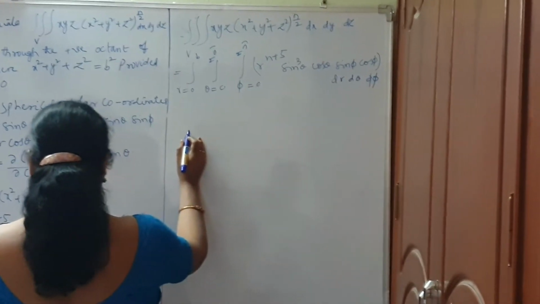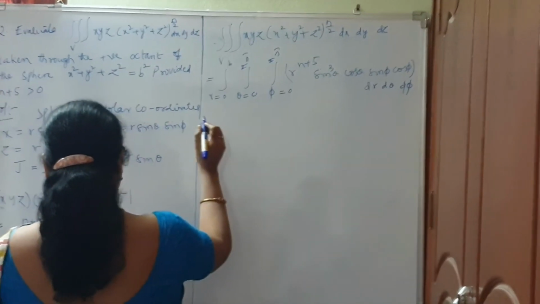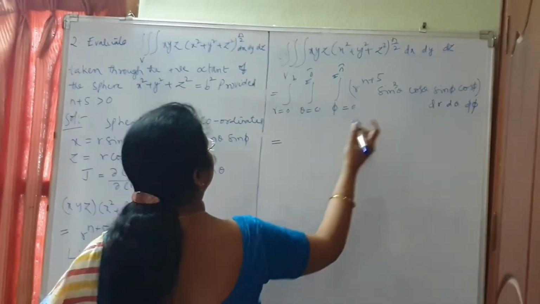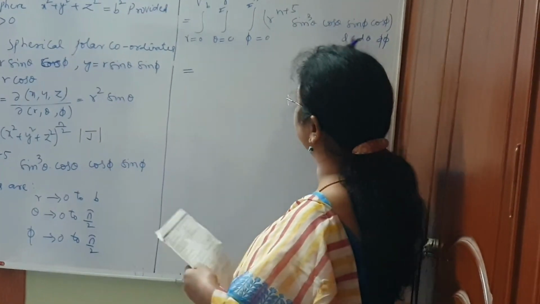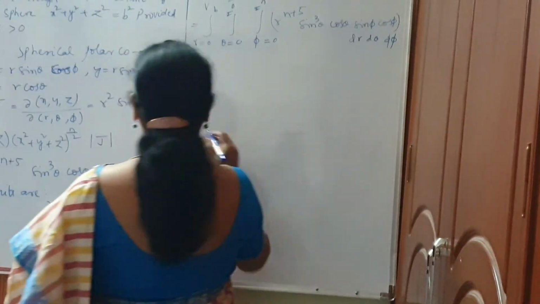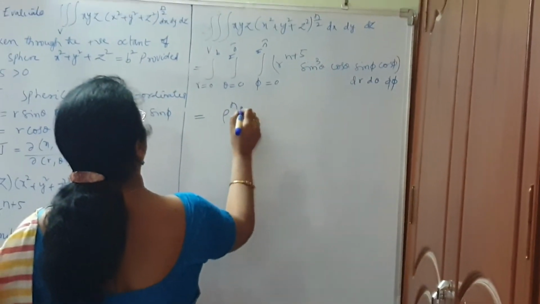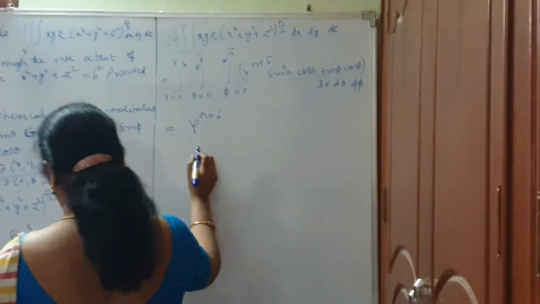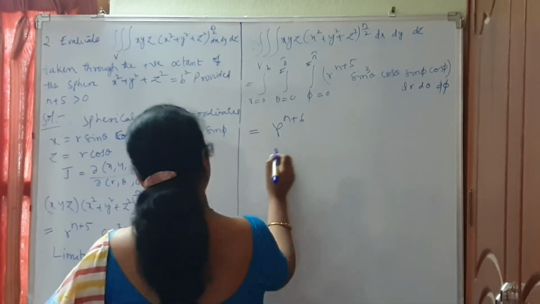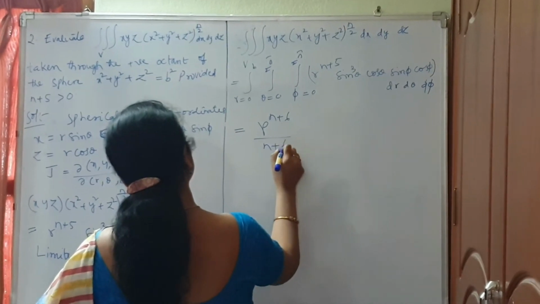If we integrate, first we integrate with respect to phi and theta, and after simplification, this simplification is very easy, so you can do it on your own. We get r to the power n plus 6 by n plus 6.